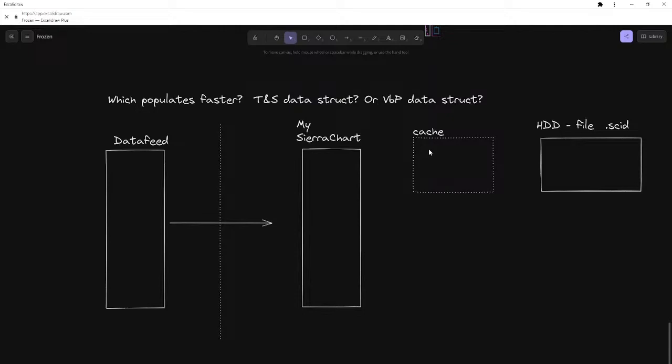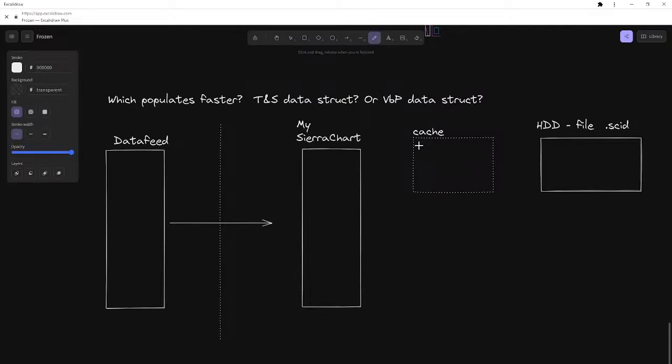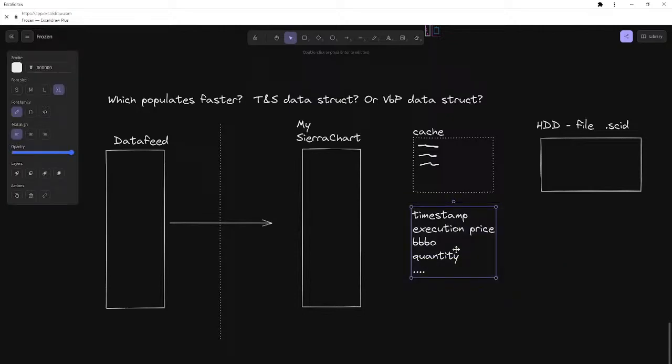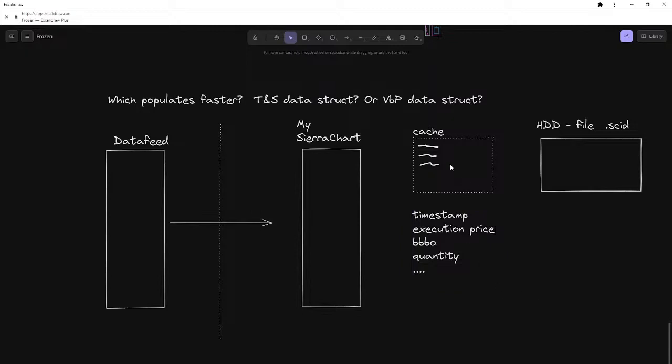You're getting stuff populated in here as data flows in. This is execution data: the time stamp, the execution price, the best bid and best offer at the time, the quantity or volumes involved, et cetera. That's what each row of information coming in from the data feed is providing, plus symbol and other metadata. So it's coming in and filling up this cache.